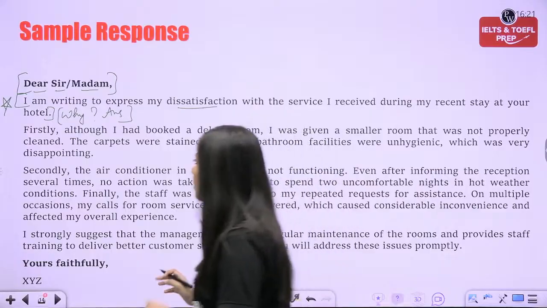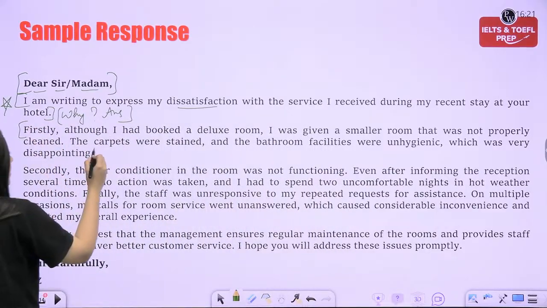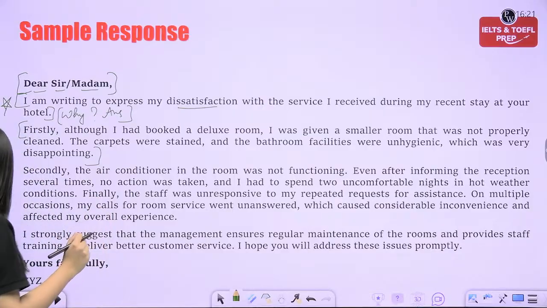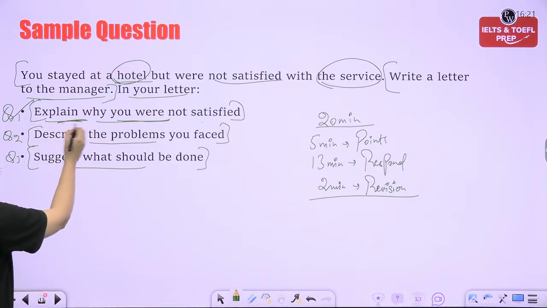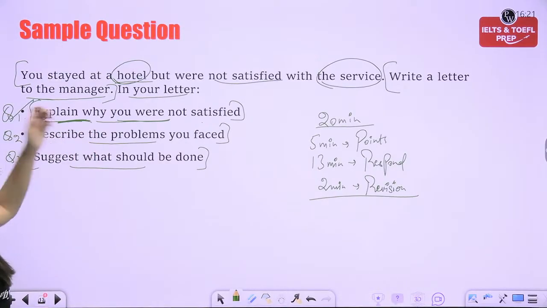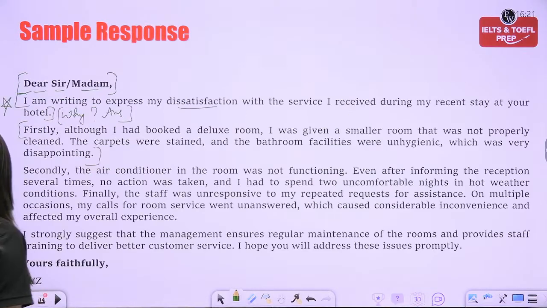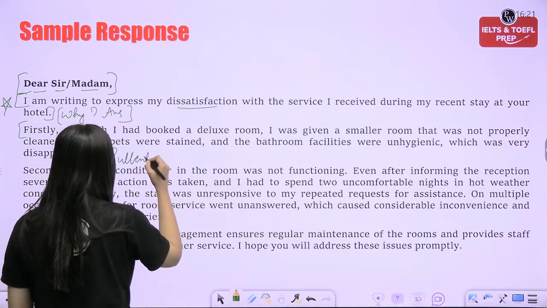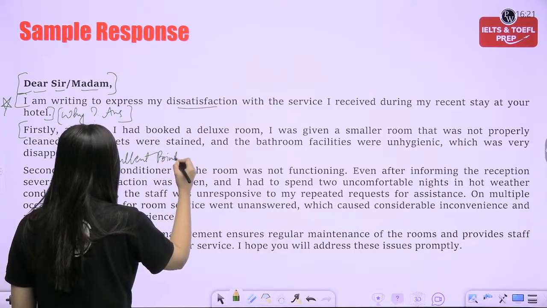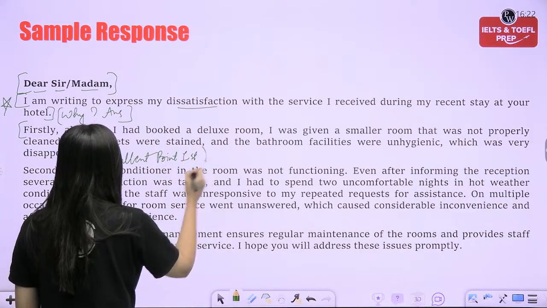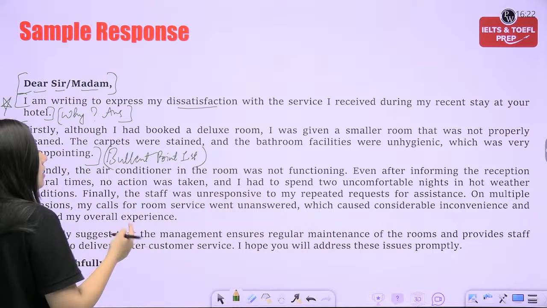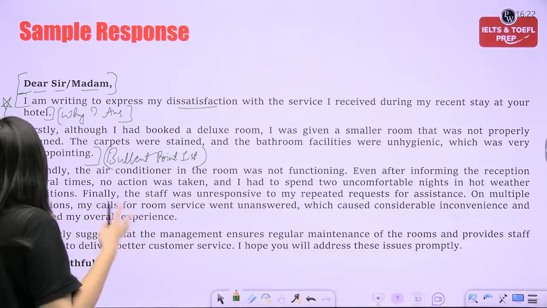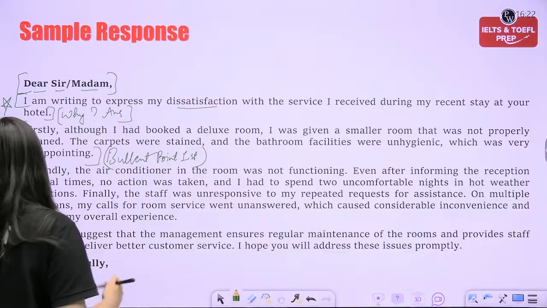Next, firstly. Now this is your answer to the bullet point, the first bullet point, which is explain why you weren't satisfied. That's why I was saying that you try to be a little more creative while writing. See how it is written.